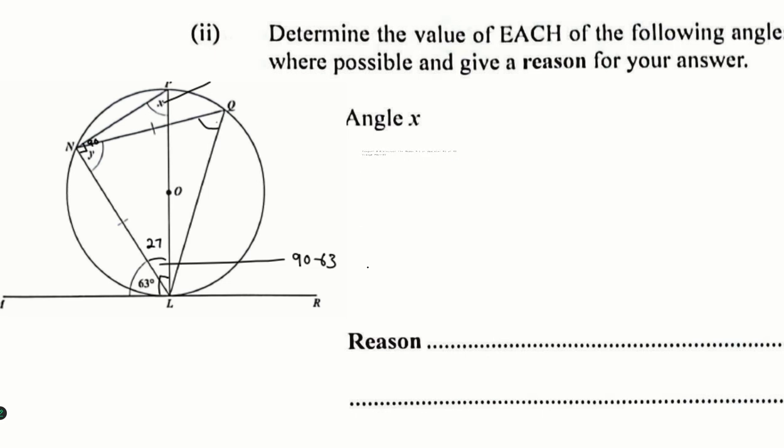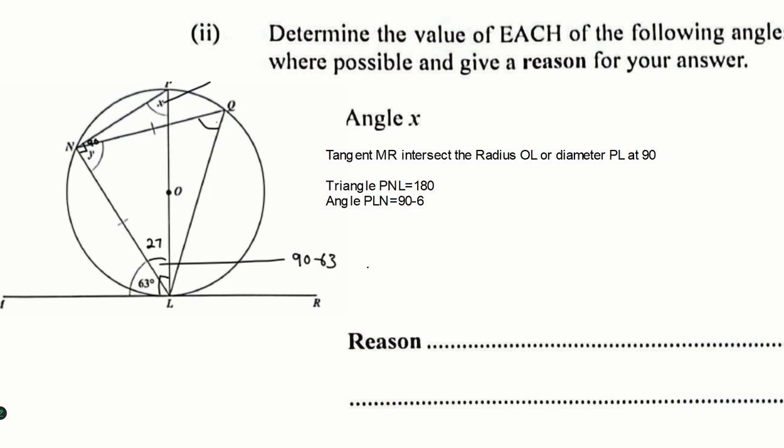Then you would say that angle PLN is equal to 90 subtract 63, which is equal to 27.